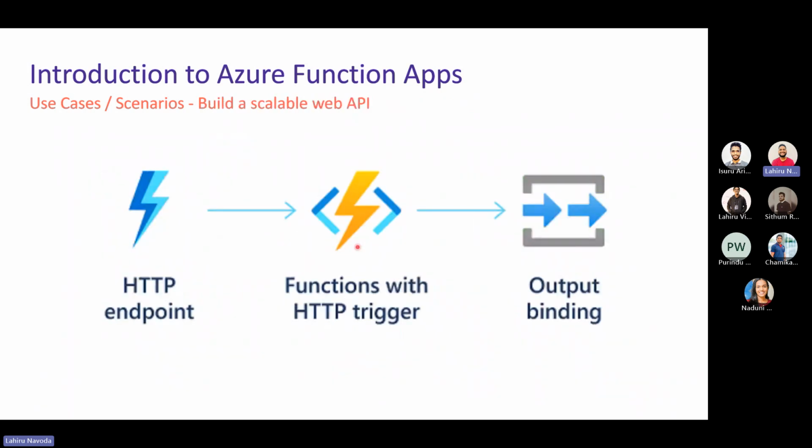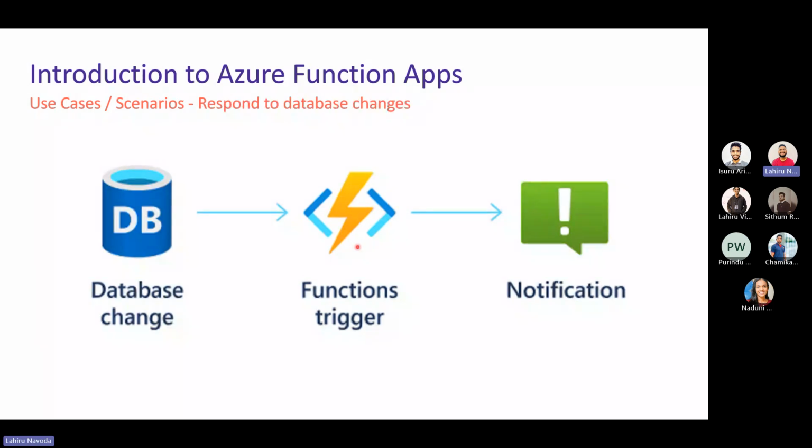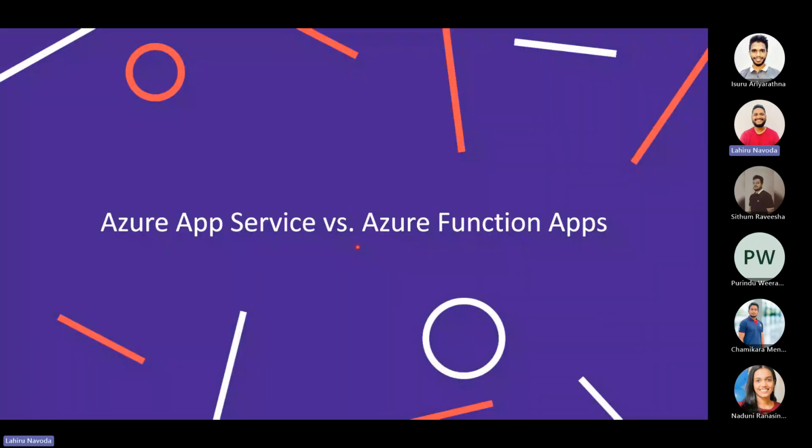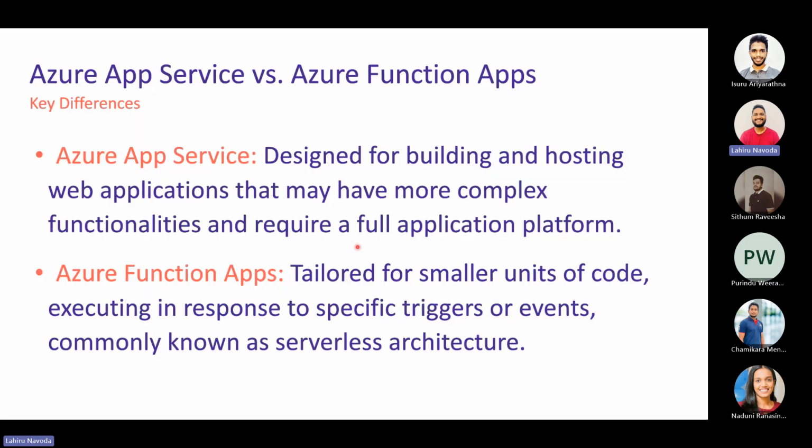And let's now talk about Azure App Services and Azure Function Apps. I think you guys might have some confusion between these two services, so let's start with the key differences.